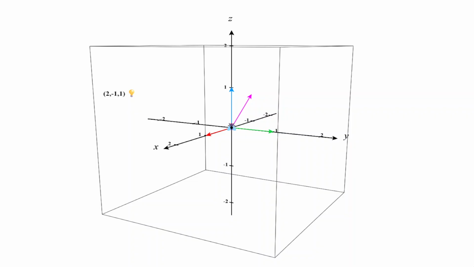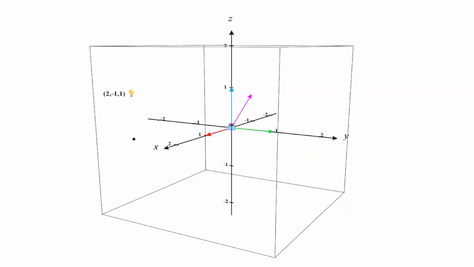It could first, for example, move by a scale of 2 of the vector 1, 0, 0, which would put it at this point here, 2, 0, 0. And then it could move in the -1 direction of that vector 0, 1, 0, which would put it directly below the light bulb.